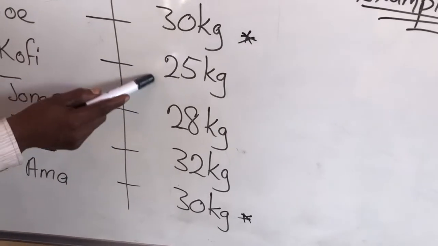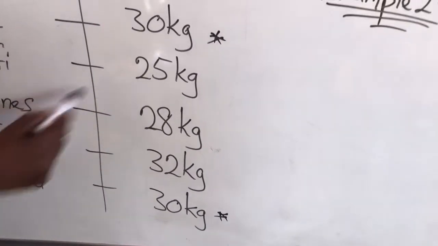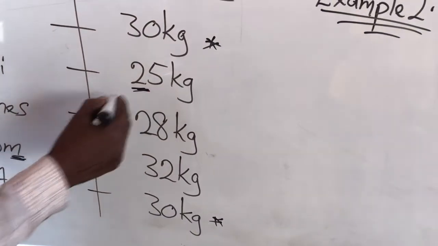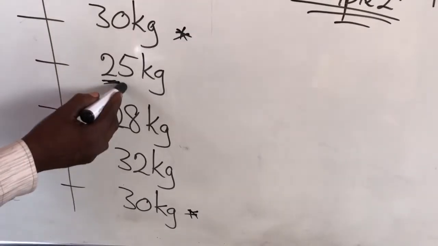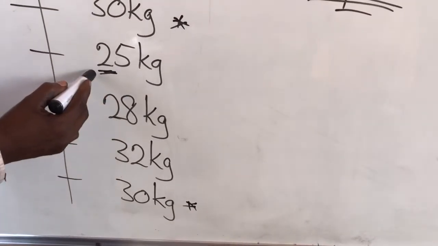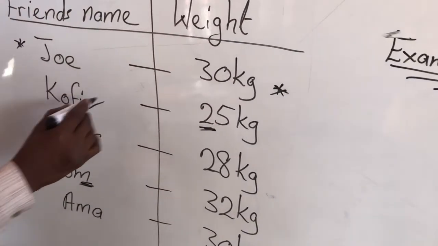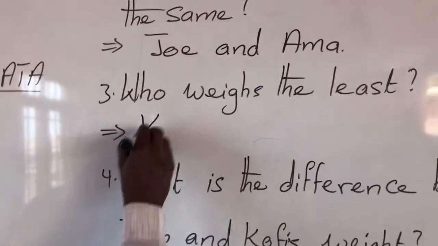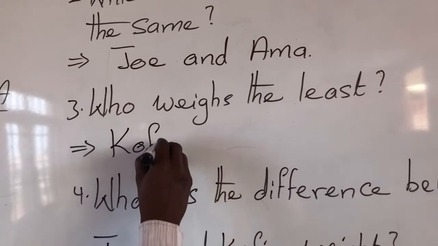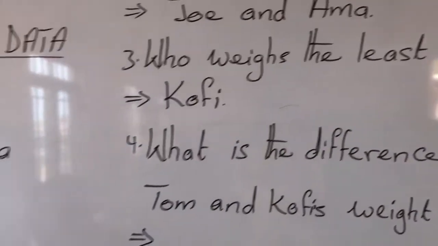Looking at 30, 28, 25, 32, we realize that 25 is the least weight. So who weighs that least weight? It's Kofi. So quickly write down Kofi, but make sure you put your answer in sentence form.